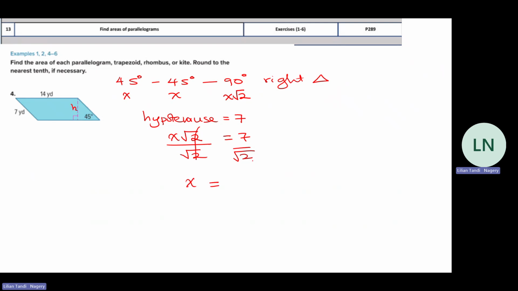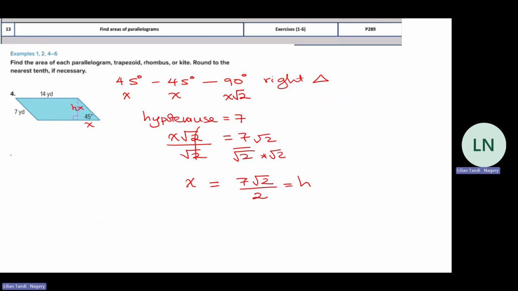In math, square root cannot be in the denominator. So you have to rationalize this fraction. That means you multiply here by square root 2 and multiply here by square root 2. This becomes 7 square root 2 over 2. Okay? Now this is your x, and according to your picture, this is x and this is x. So this means this is your height.